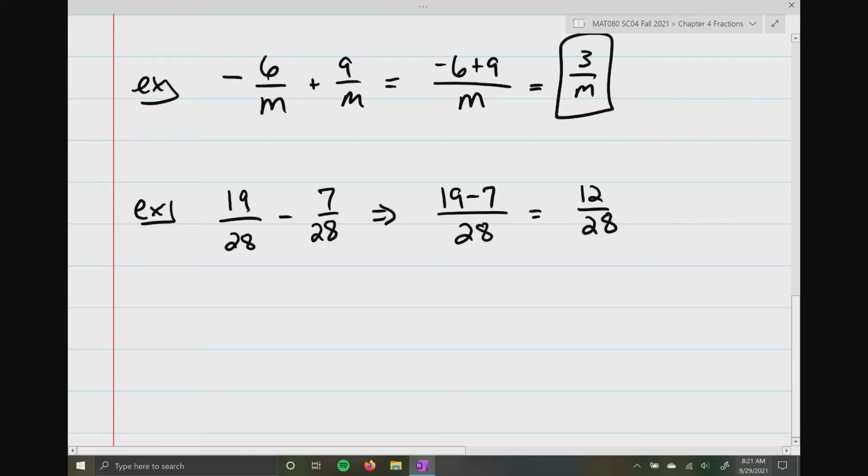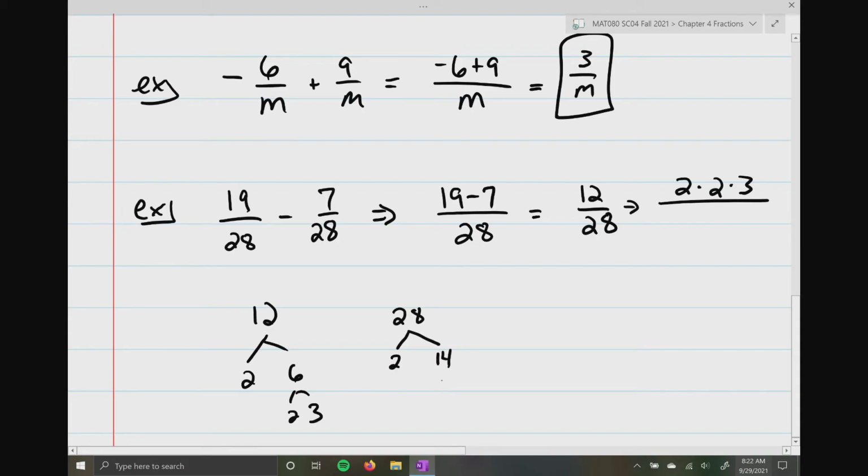Ask yourself, am I completely simplified here? If you don't know, break it down. 12, 2 times 6, 2 times 3. 28, 2 times 14, and 14 breaks down into 2 times 7.